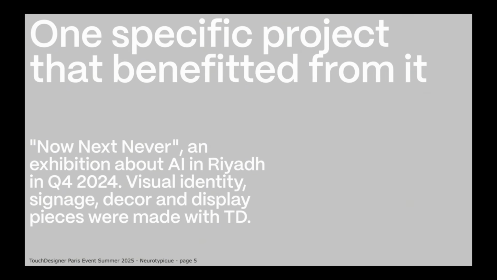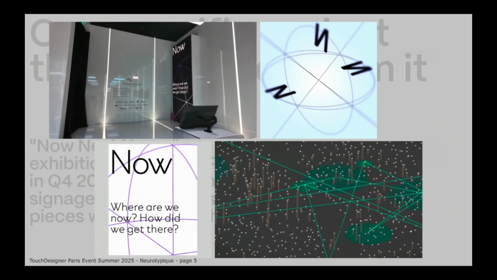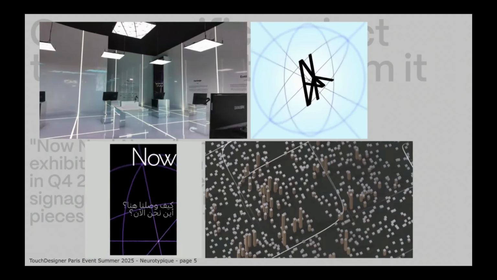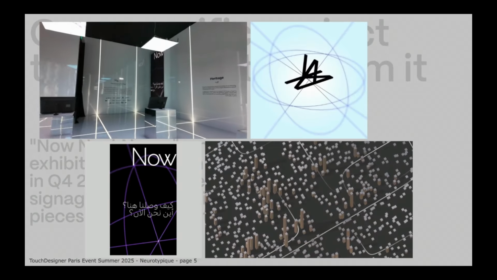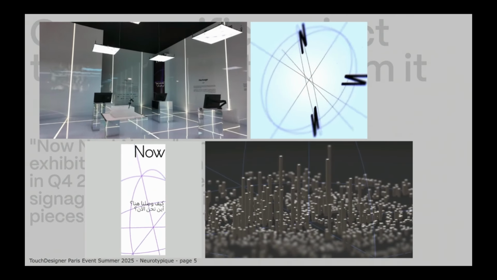And one last project that benefited from all of that is Now Next Never, an exhibition about AI created by Fabrice Tarzinskas, who I work with a lot. And we used TouchDesigner for all the steps of this project. So the logotype, you have on the top right. Also signage on the bottom left, and you also have the video on site.